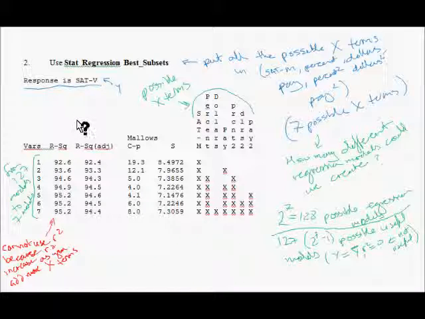What we can use is R squared adjusted. R squared adjusted penalizes you if you have too many x terms in the model.